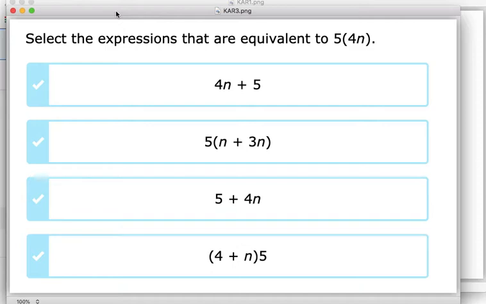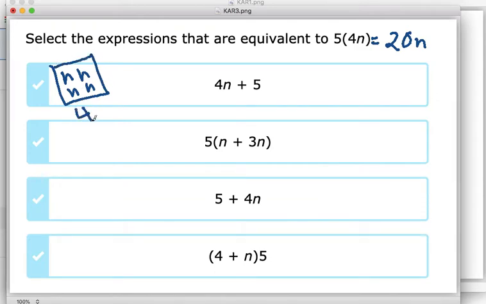Select expressions where 5 times 4n are equivalent. So let's see. Do this one really quickly. I'm going to switch to blue. So 5, this is just like the one before it, times 4n is the same as 20n. You have 20 n's. If I'm going to draw this out, you would have n, n, n, n.